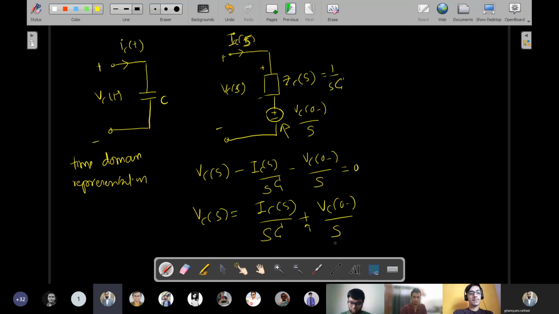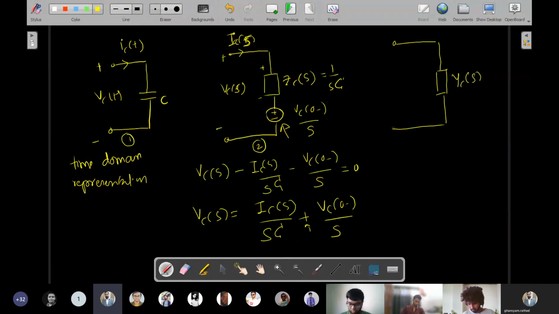So we can draw the third one, the third with the admittance. Here is the admittance YC of s, and this plus minus VC of s, and the current flowing through is nothing but IC of s.